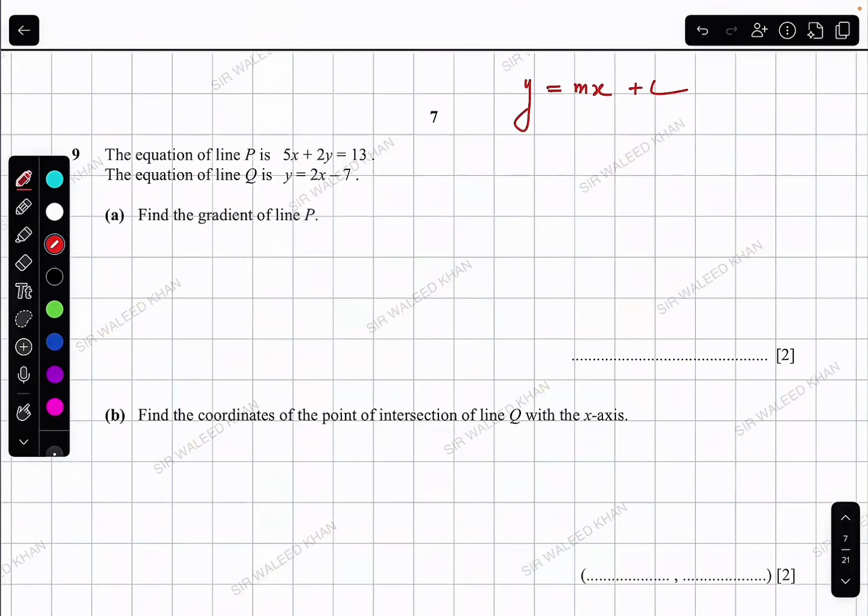If it's already matching this, then it's fine. You just look at the coefficient of x, and that's your gradient. If it's not matching this, then you have to make y the subject first.